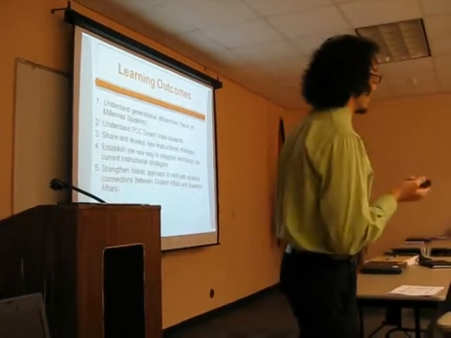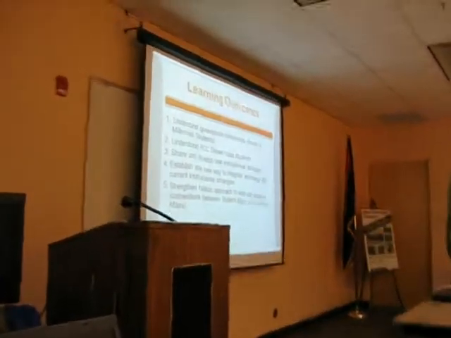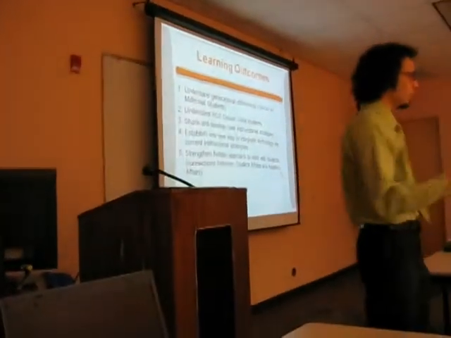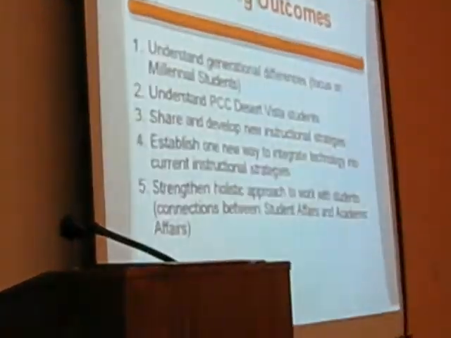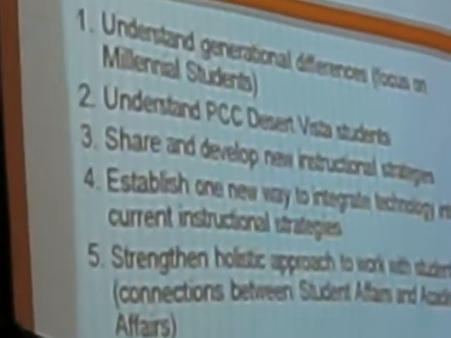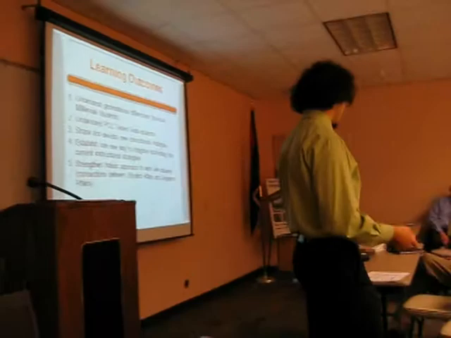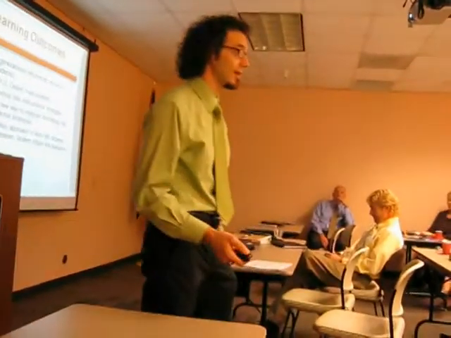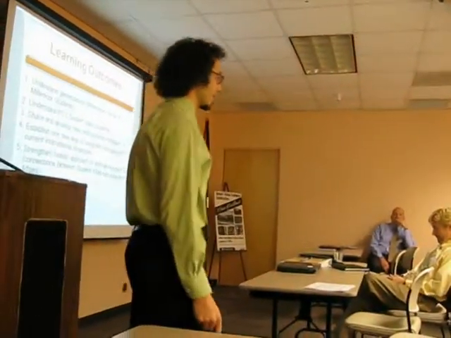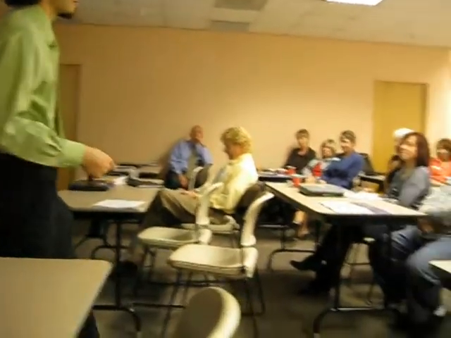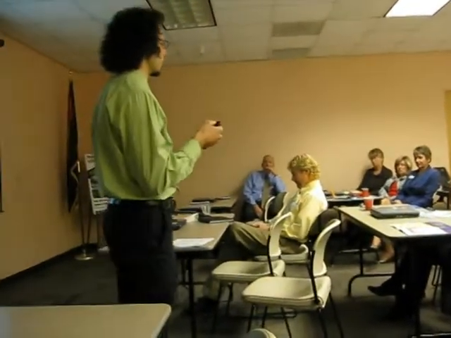In my field in student affairs, when I was studying at the U of A, getting my master's degree there, we talked about how there's always this boundary between student affairs and academic affairs. And at universities, it's very difficult to cross those boundaries because it's a massive university. At the U of A, you're talking about, what, 38,000 students? Well, now they're cutting lots of staff, so I don't even know what the numbers are there. But here at Desert Vista, what I have found, and in Pima overall, at all the campuses, is that it's a little bit easier because most of the time we're in the same building.